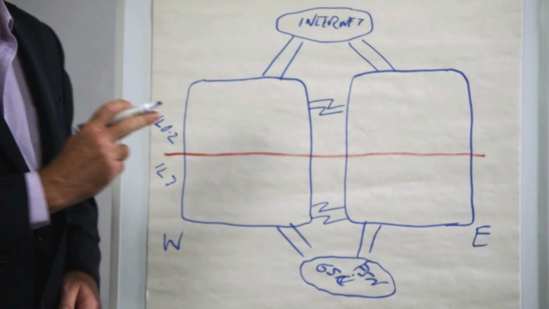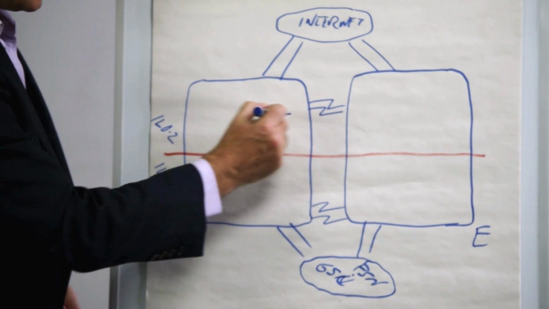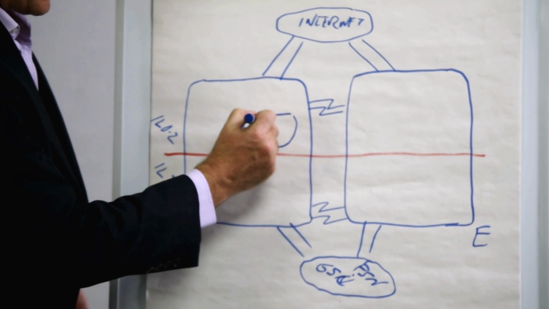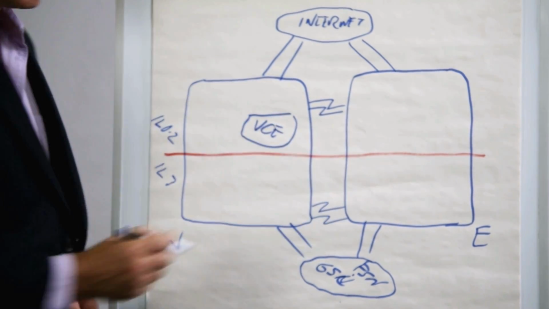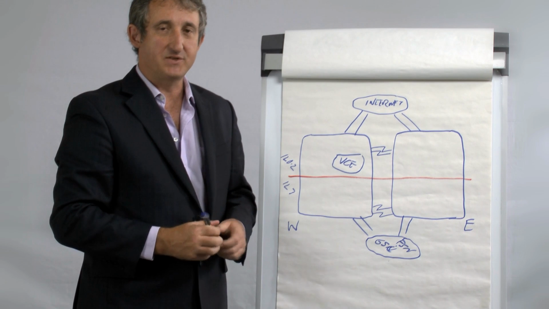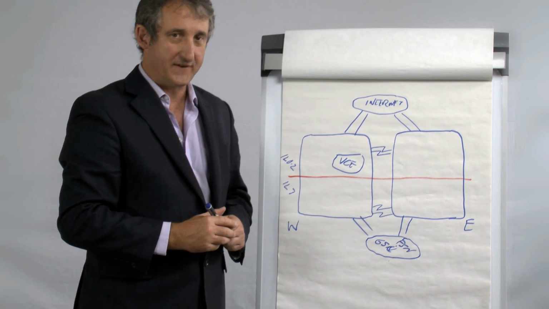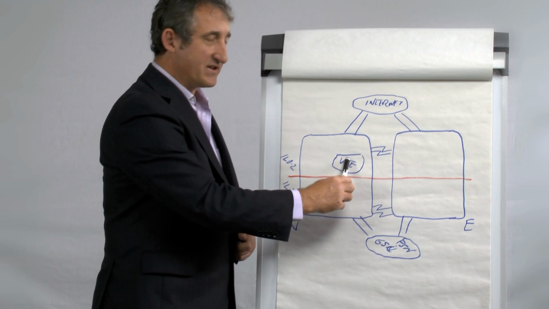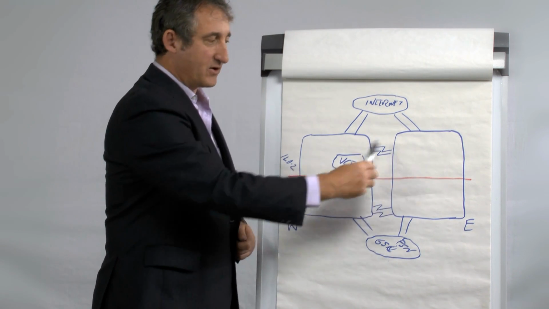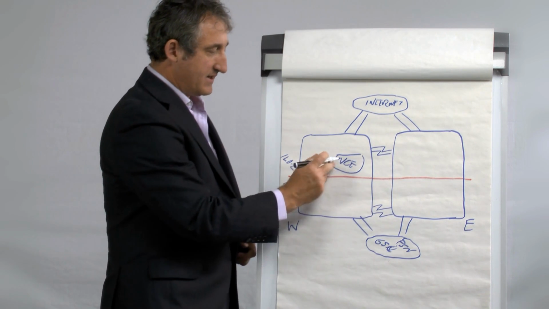If we look at what we've deployed in IL2, we've put a very large compute platform based upon the VCE vBlock, which allows us to deploy tens of thousands of VMs, which again can be synchronously or active across the two data centres.